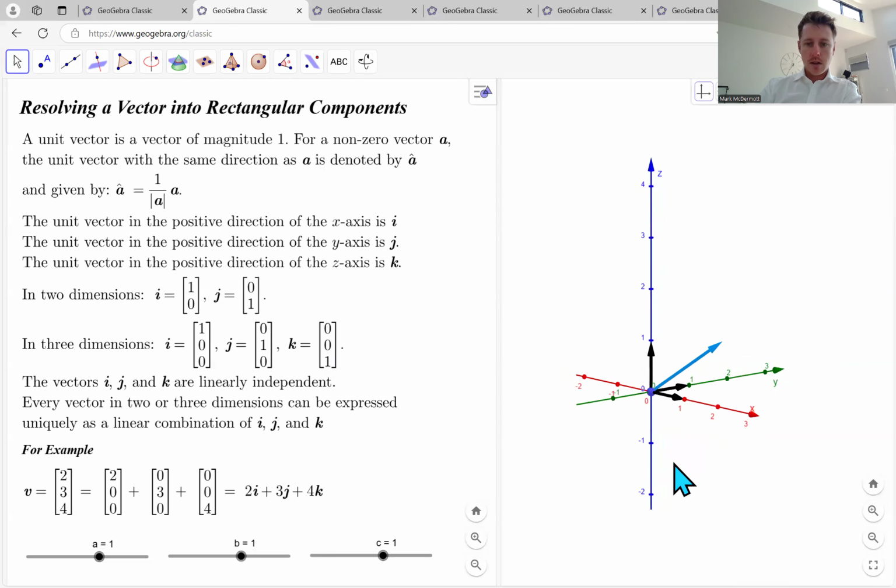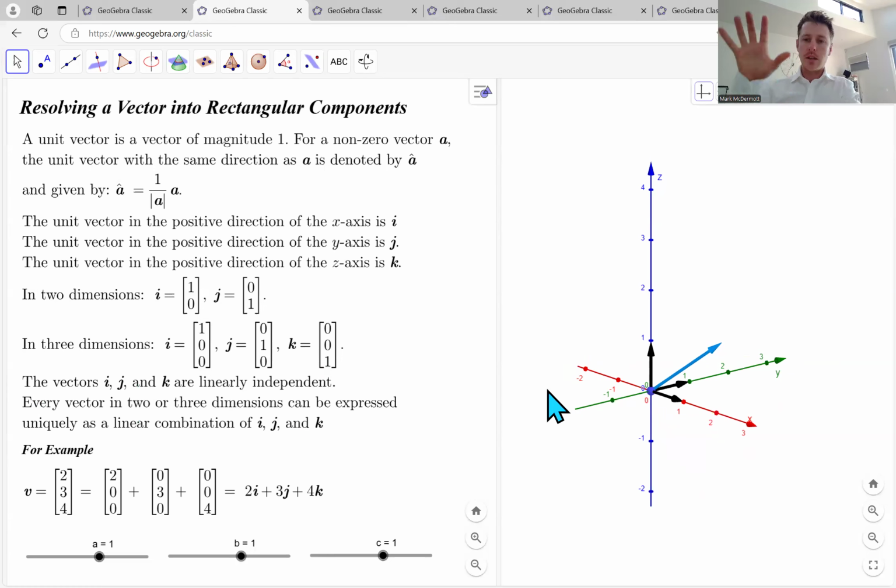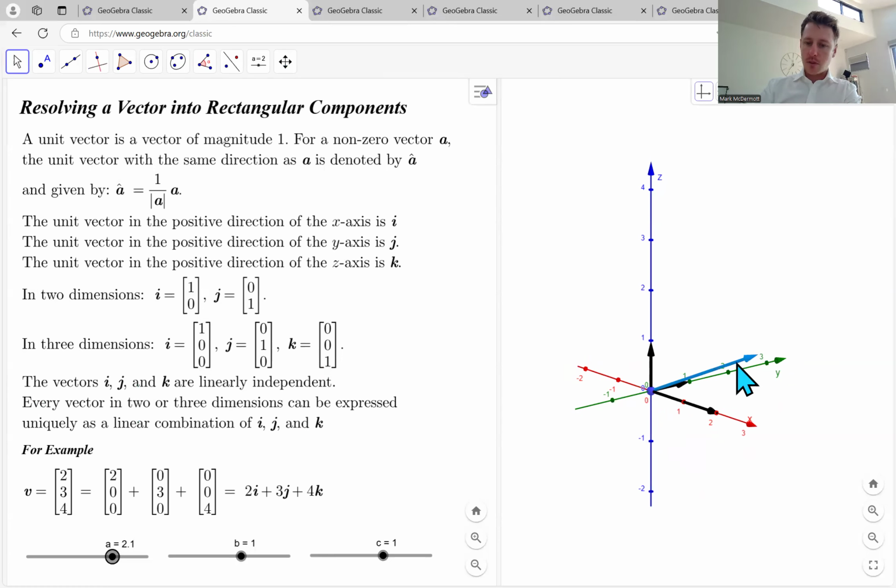Now, an important point about the unit vectors i, j, and k is that they're linearly independent. What that means is we can combine them such that we can get to every point in 3-dimensional space. What I have down here is some sliders, and this blue vector is the resultant vector when we add those vectors together. So when we add 2 groups of i plus 1 group of j plus 1 group of k, we get this blue vector here.